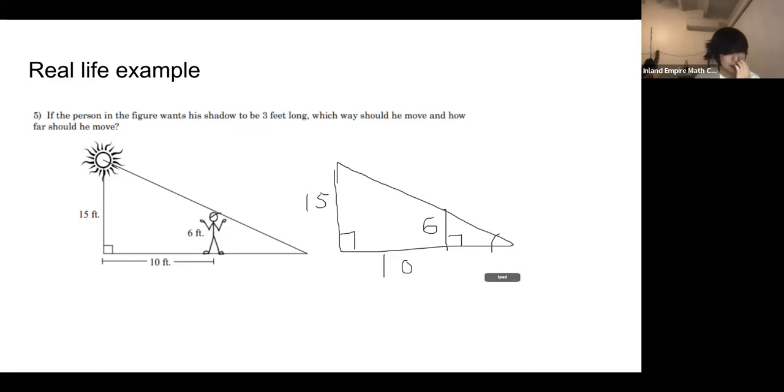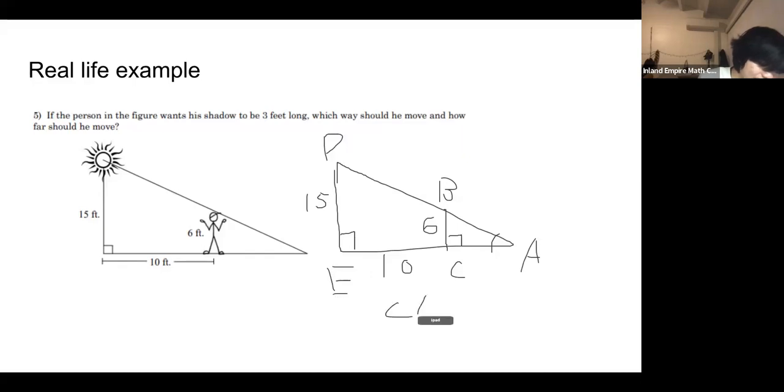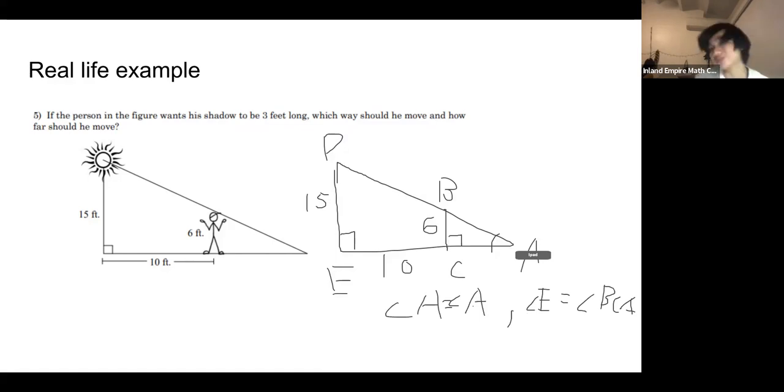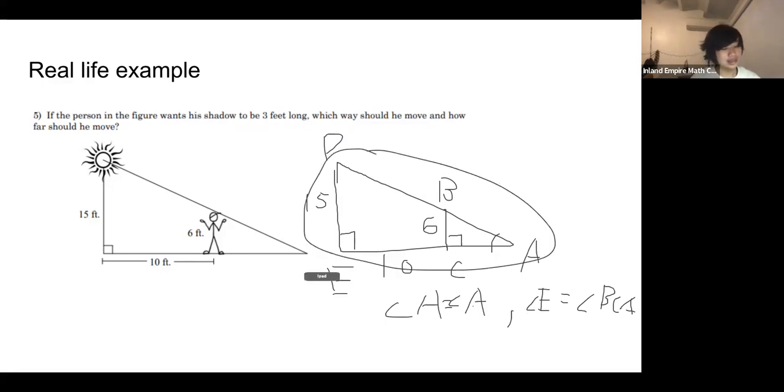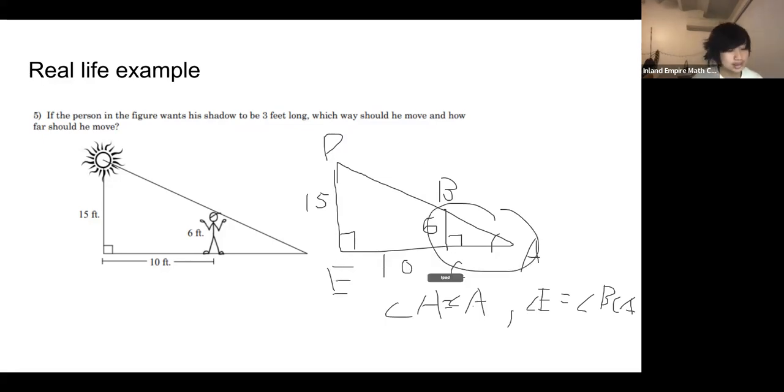So in essence, if we draw out, say, A, B, C, then D, E, then we know that angle A equals angle A, and angle E equals angle BCA, which is this angle right here, which means that these two triangles are similar. This big triangle and this little triangle are similar.